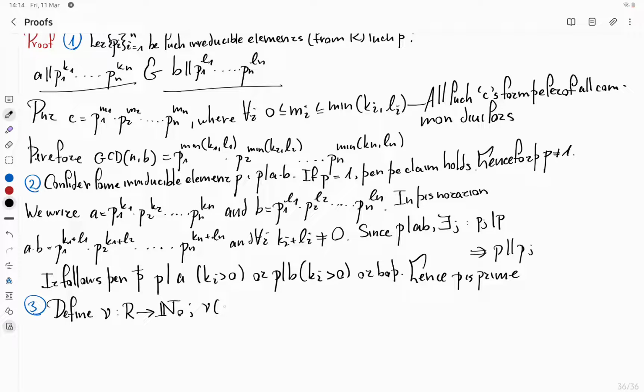So we say that nu of A, where A has the following decomposition, P1 to K1 times P2 to K2, etc., all the way to Pn to Kn, we put this function equal then to the sum of the exponents.